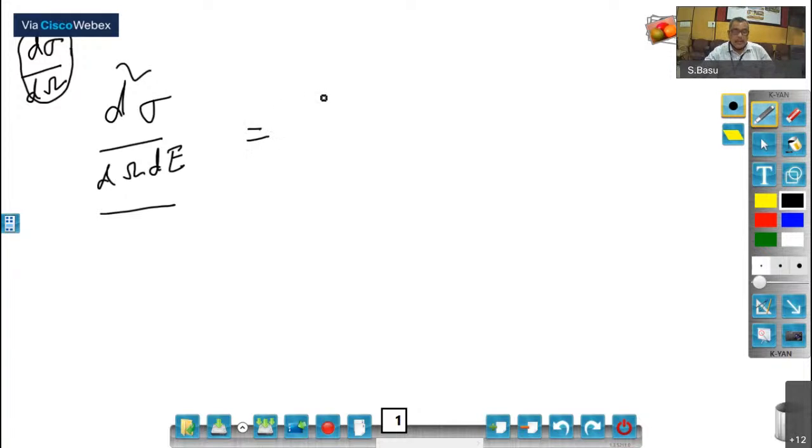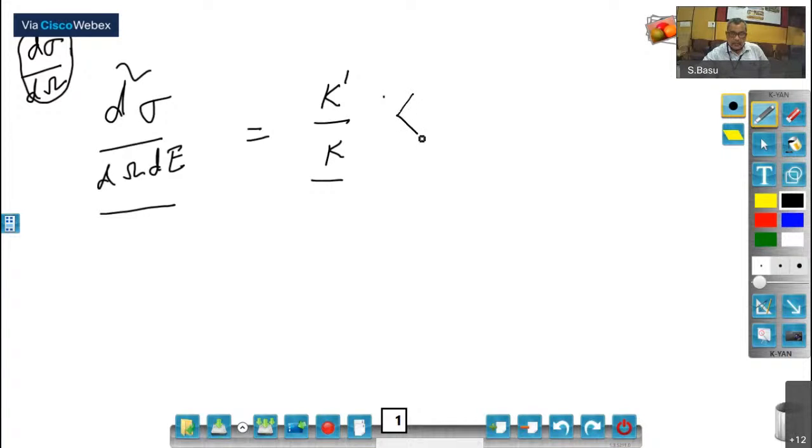Now one term comes, k prime by k. This comes because the flux of neutrons going out per second is given by the velocity, which is h cross k prime by m, and the flux of neutrons coming in is h cross k by m, which is the velocity of the neutrons coming in. This gives the number of neutrons per second going out divided by the number of neutrons coming in. Now comes the scattering potential. And that is what I wrote earlier.